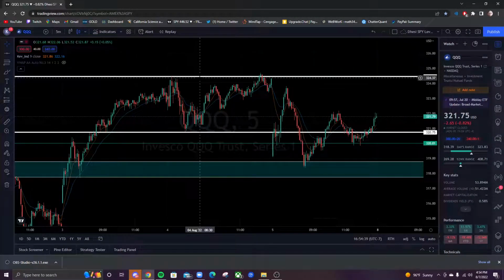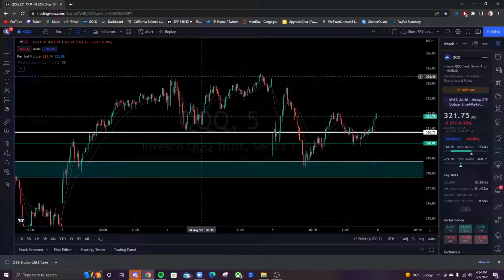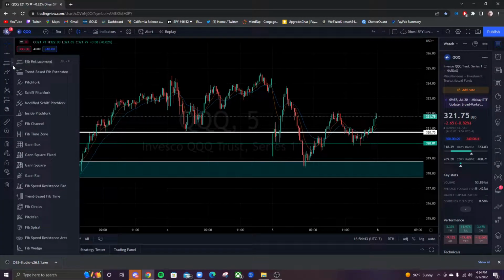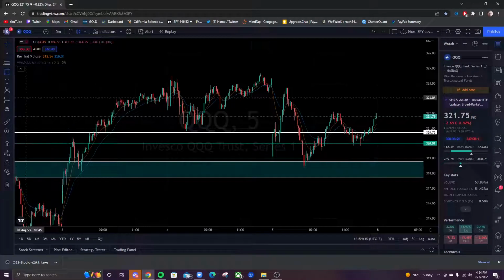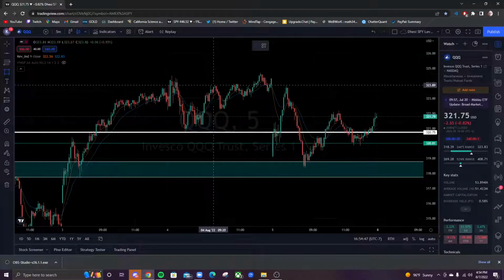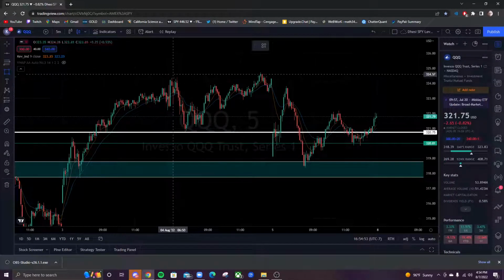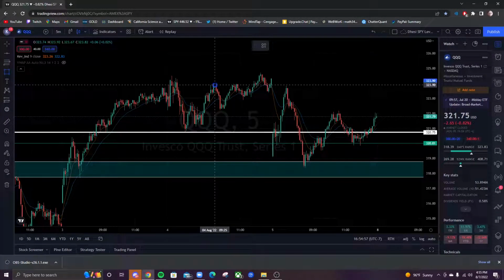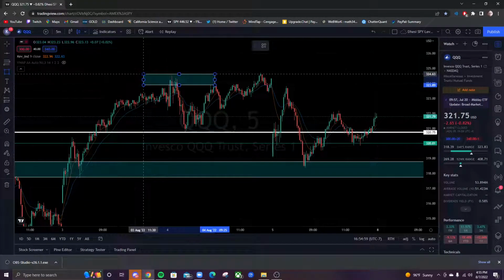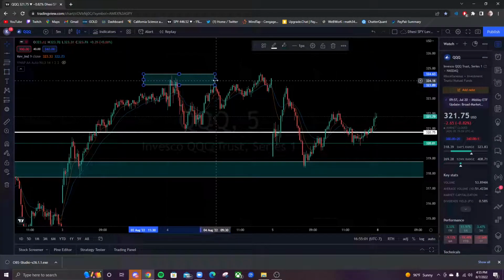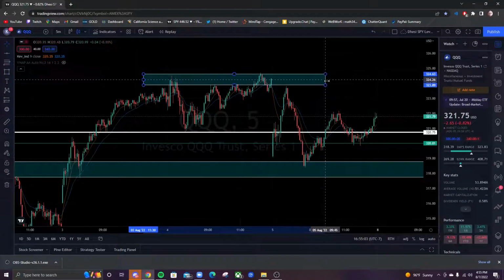So what I usually do is take off the horizontal line and get my rectangle back out. I'll draw it from the second rejection off of 323.85 all the way to the top of this wick right here where we first got the initial rejection, around 324.80. So it'd be something like this, and I would draw it upwards, and then drag it right away just to see when price comes back.